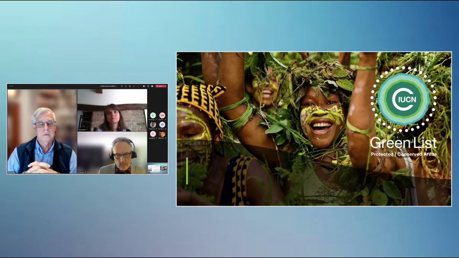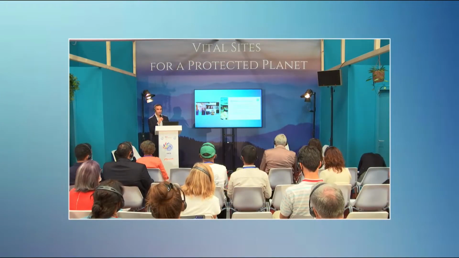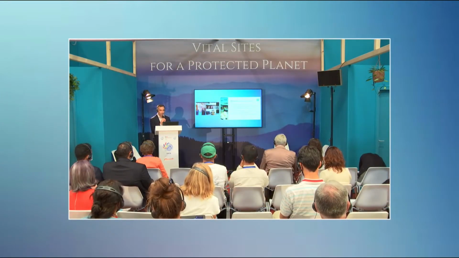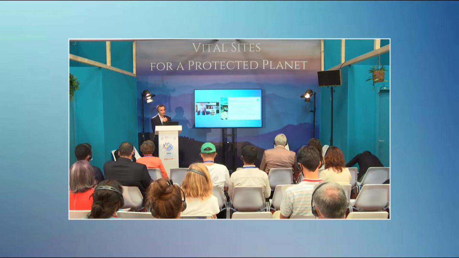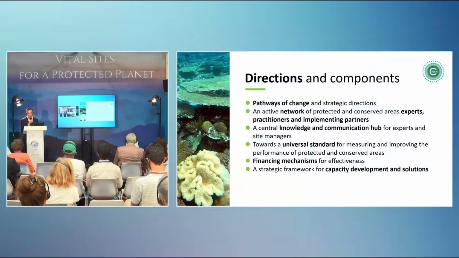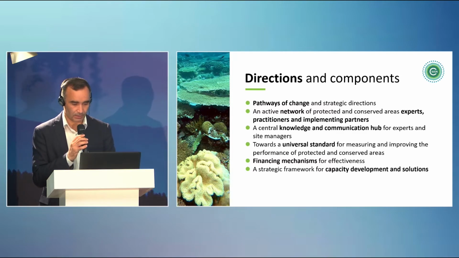Thanks, Mark. So the next topic is about the description of some key directions and components of a development plan. I will provide you just a short introduction regarding the overall development plan strategic direction before having some detailed presentation on some key aspects of the development plan regarding the experts, practitioners, implementing partners to be involved, but also the knowledge development, which is absolutely key for the Green List, and the integration of the standards within national, regional, and global policies.